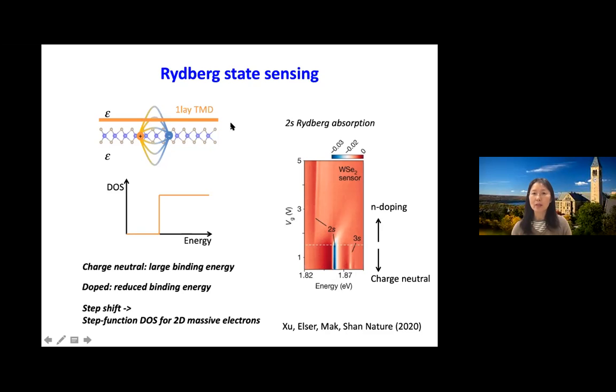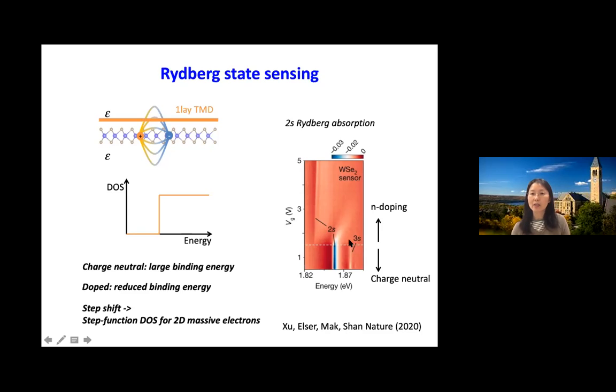As soon as the sample becomes doped, you can see that the exciton oscillator strength goes down immediately, and then there's a sudden red shift. This is the result of the binding energy becoming smaller, and of course the band gap energy also becomes smaller. So that's why you see this red shift here.